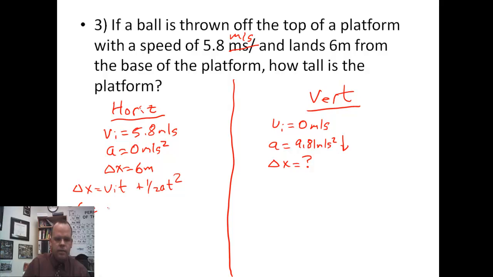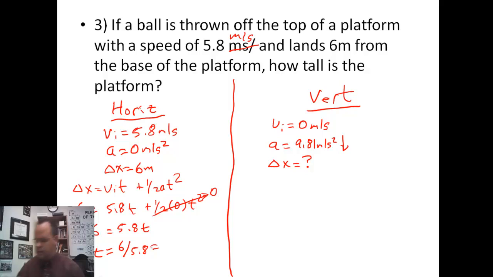So 6 equals 5.8 t plus 1/2 0 t squared. This whole side becomes 0, so 6 equals 5.8 t. T equals 6 divided by 5.8. Which is 1.03 seconds. Now, once we have time, time is the one variable that applies to both sides.